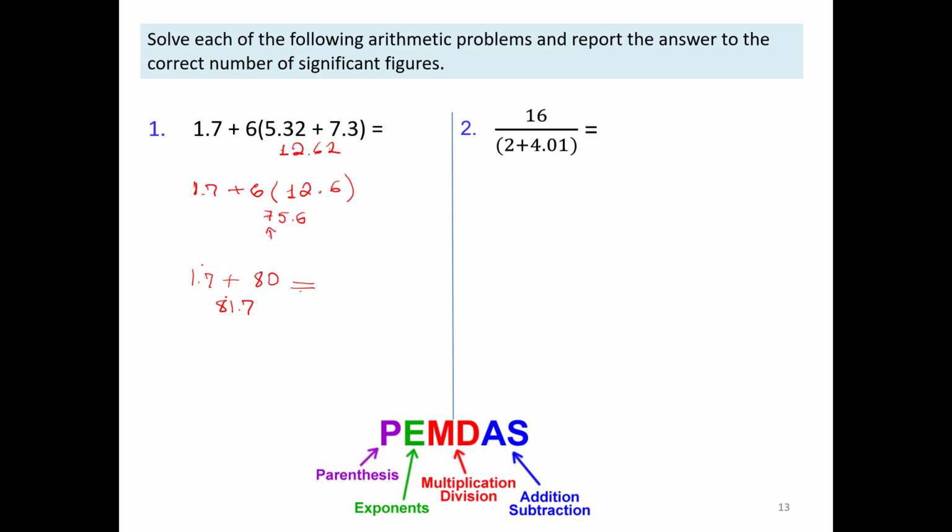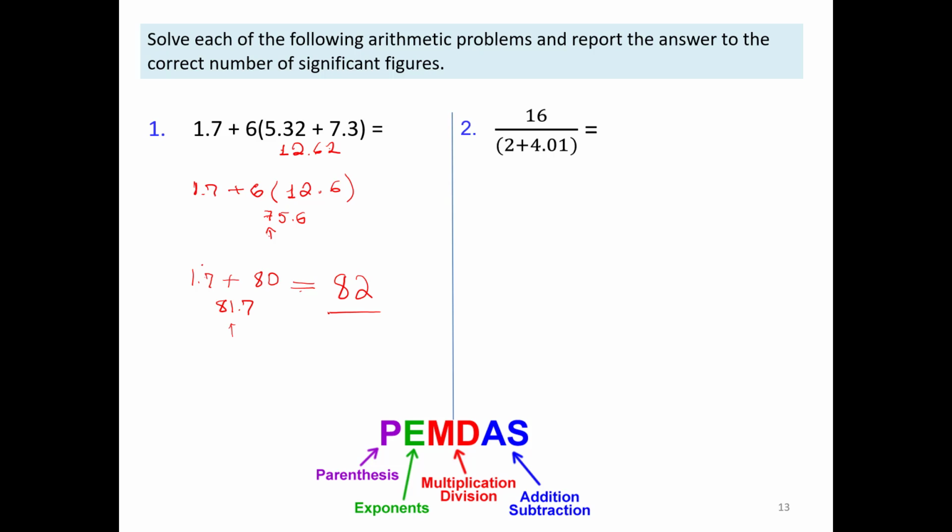If we want 0 decimal places, we need to round up, because 7 is greater than 5, and it will be 82. The correct answer is 82, with 0 decimal places.